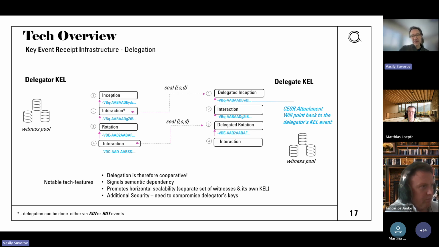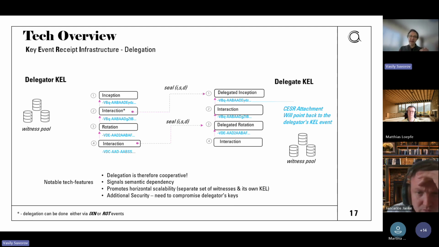They say, okay, if I'm seeing that this is a delegated identifier because it has a DI field in it, I need to verify this with the delegator. And if I'm doing a delegated rotation, before it becomes legal, there needs to be an interaction event or rotation event which seals this delegated rotation in the delegator KEL.